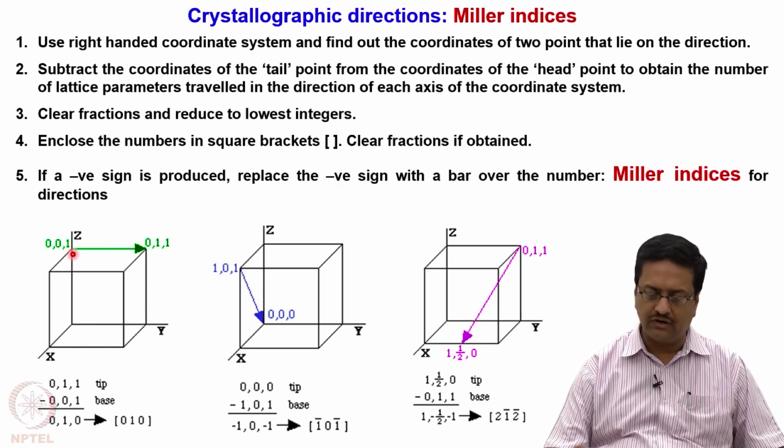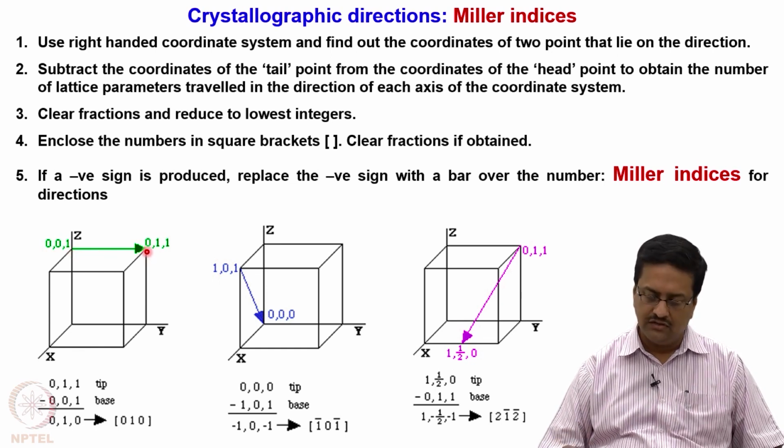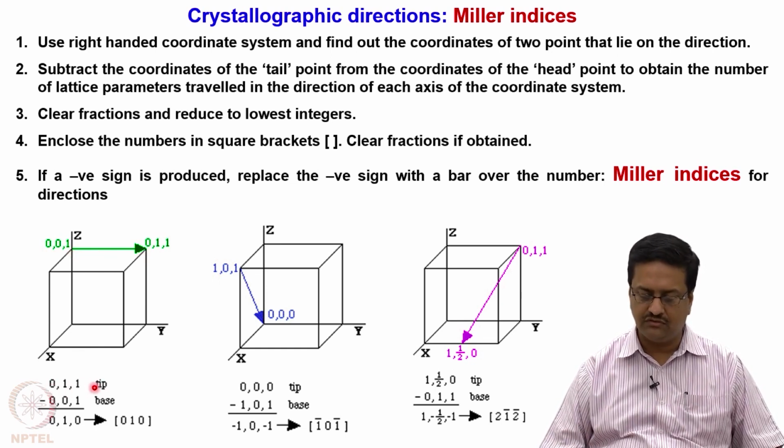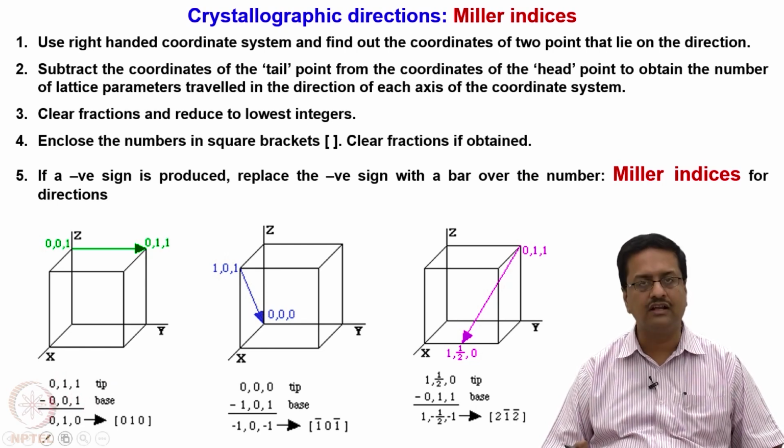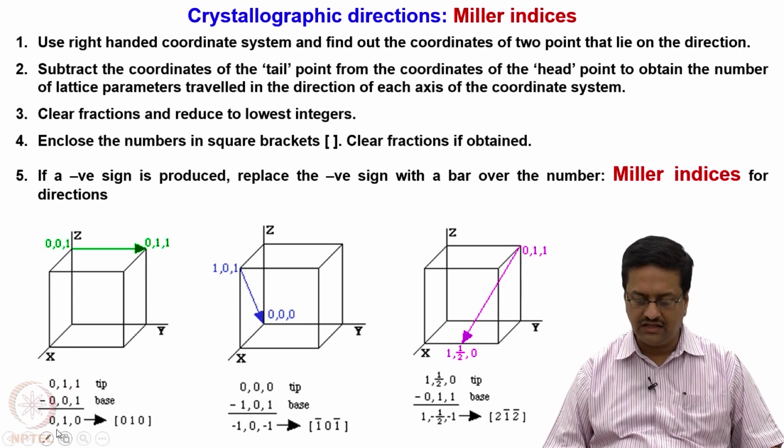The extreme left one: I want to know what is the direction from this point, which is 0, 0, 1, to 0, 1, 1. So the tip is 0, 1, 1, the base is 0, 0, 1. I am subtracting the base coordinates from the tip coordinates and I am getting the number 0, 1, 0.